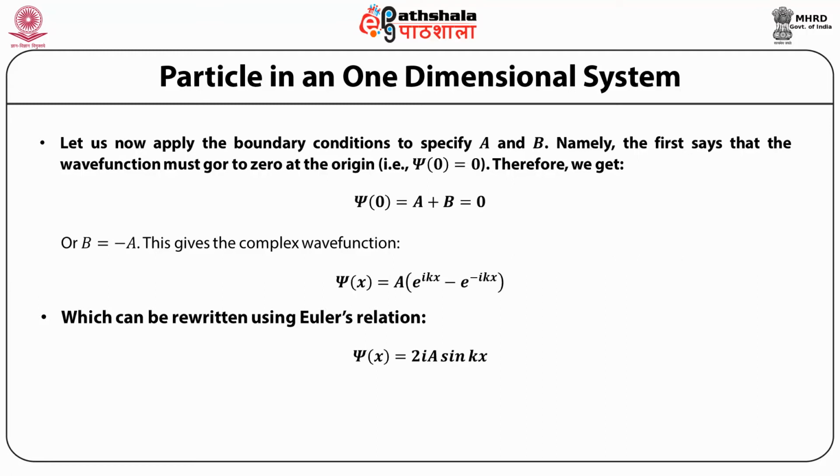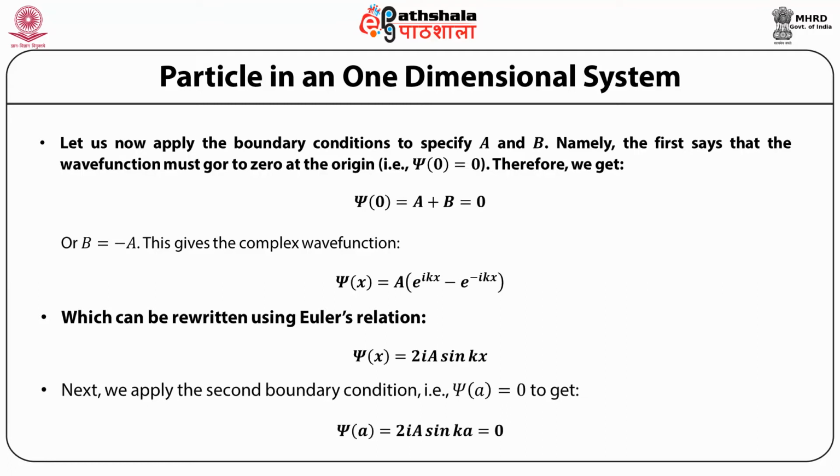So now, if we apply the second boundary condition, we get psi(a) to be equal to 0, that is psi(a) equal to 2iA sine of ka equal to 0.